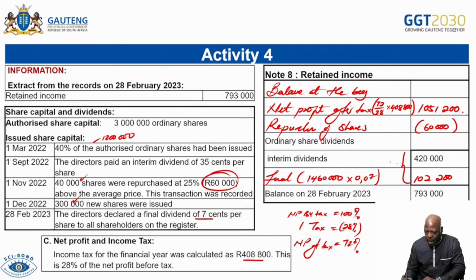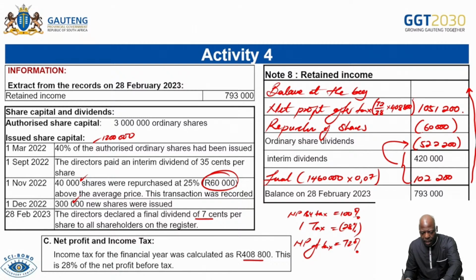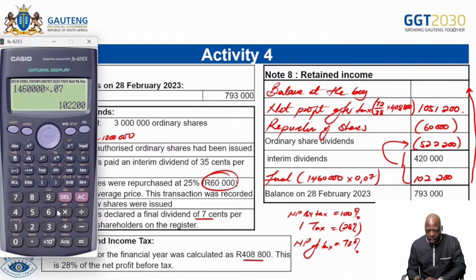And then we're going to add that coming all the way here. So in bracket, that's going to give me 522,200. And then we do the bottom up to come to the top to get that one. Let's do it together as our last calculation now. It's going to be 793,000. We're going up.